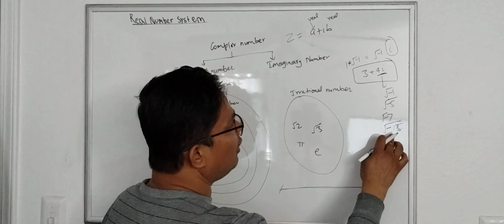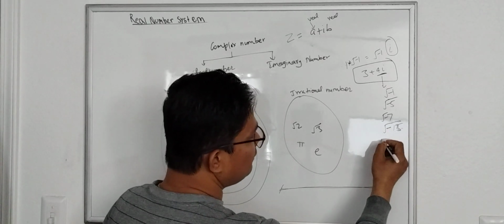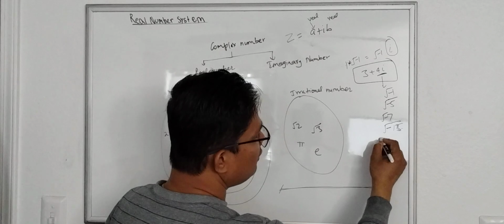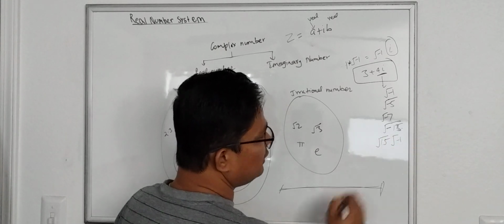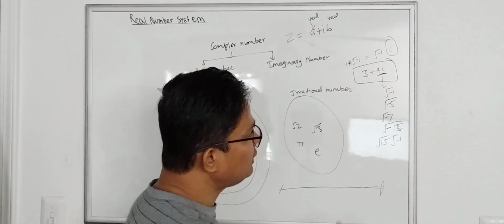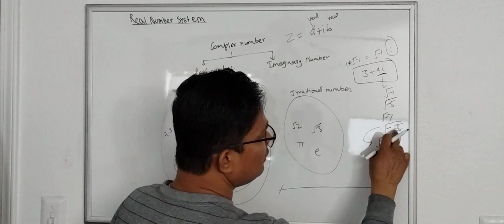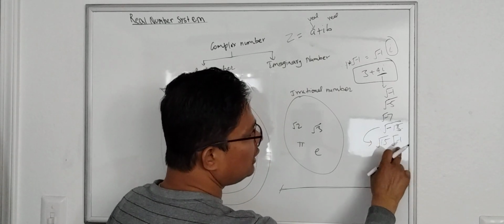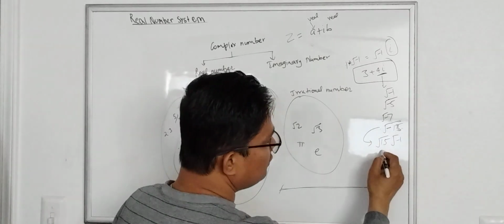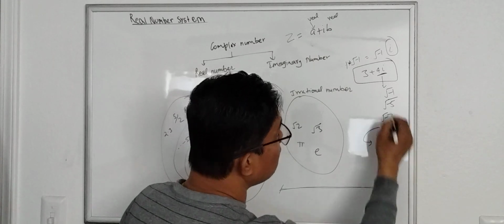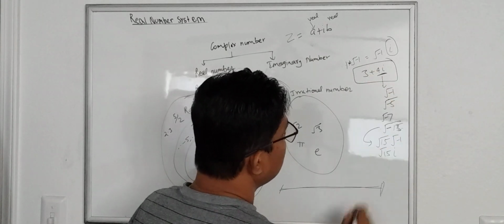And how can you write this one? You can take the square root of 15 times the square root of -1. Look at the board. Can you write it like this? The square root of 15 times the square root of -1. So this will be the square root of 15, and the square root of -1 is i.